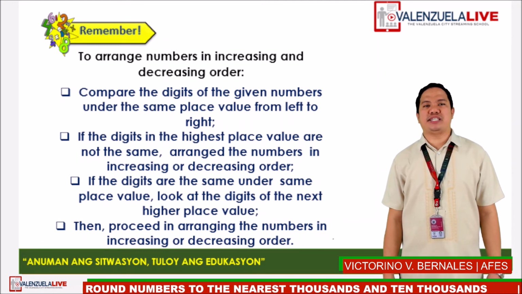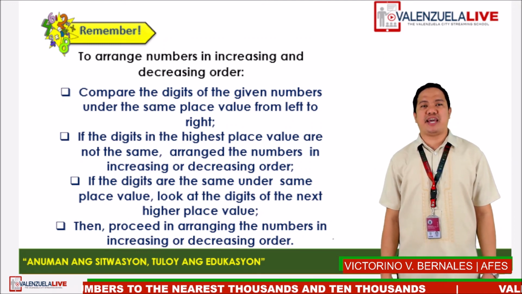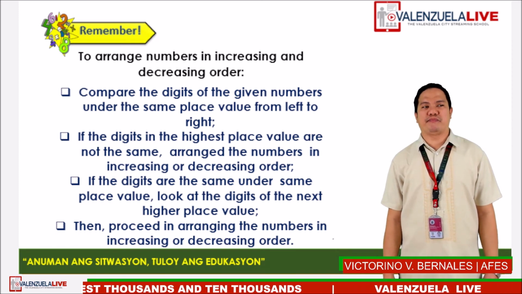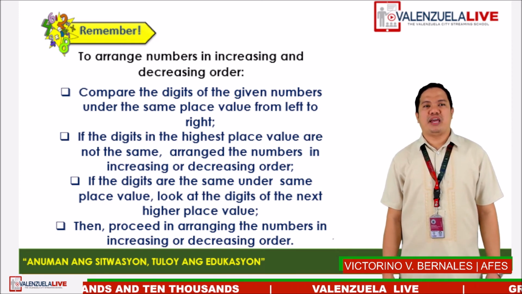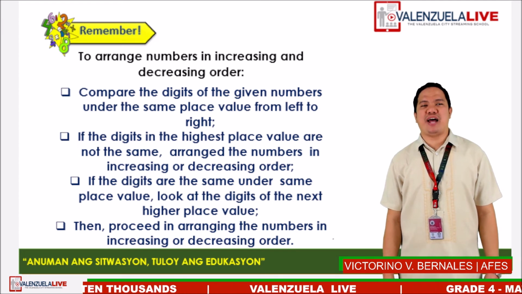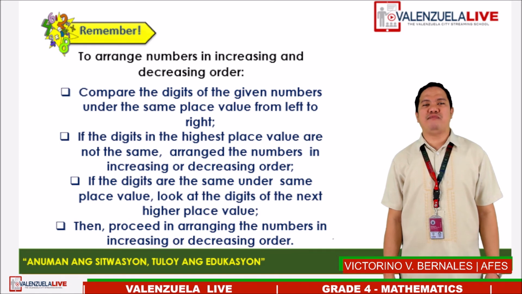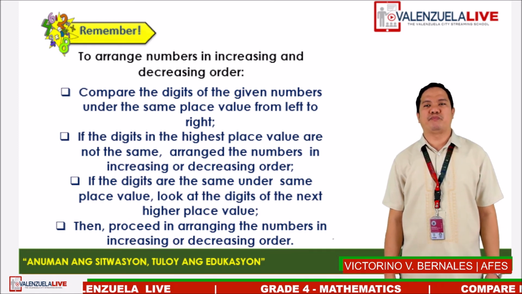If the digits in the highest place value are not the same, arrange the numbers in increasing or decreasing order. If the digits are the same under the same place value, we have to look at the digits of the next higher place value.